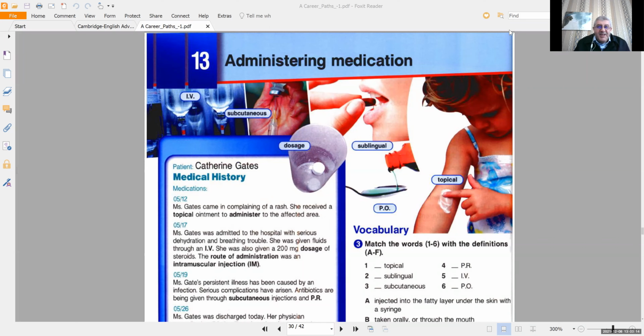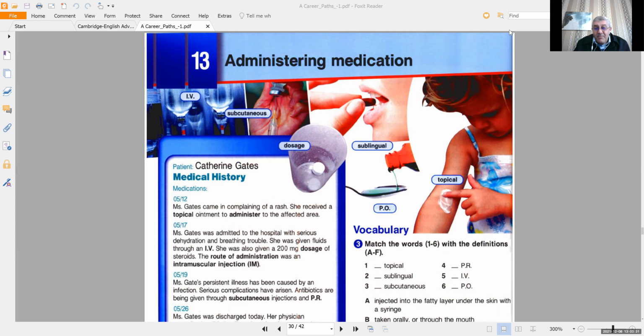Welcome to a new class of English for non-subject specialists for medical students at Tripoli University, first semester. Today we are going to deal with two issues related to the job and the profession of medication.